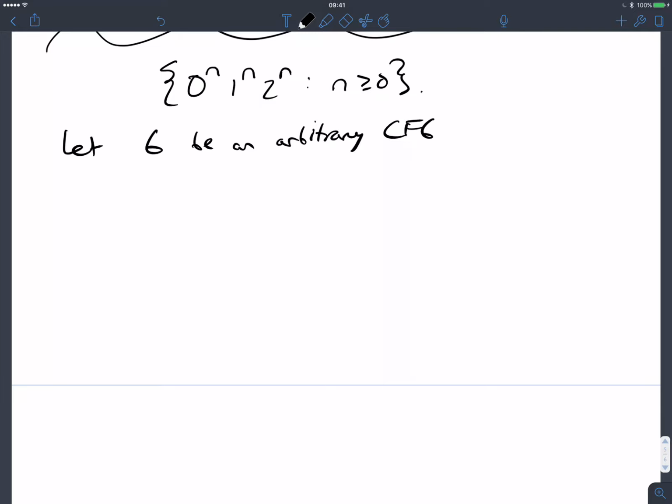Well, if I looked at an arbitrary CFG, then there's a problem. Well, not necessarily a problem, but the rules may be very complicated, right? I allow you anything on the right-hand side. And so maybe reasoning about what could appear on the right-hand side may make figuring out whether there's a loop in this CFG for variables very difficult.